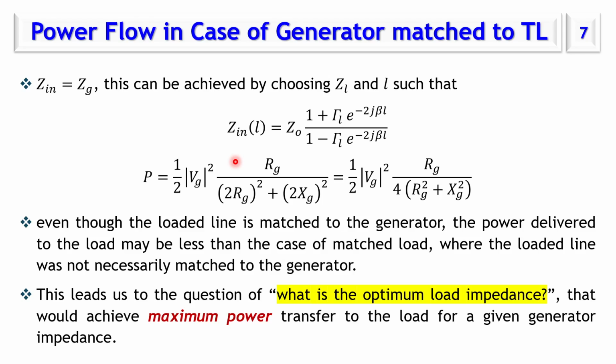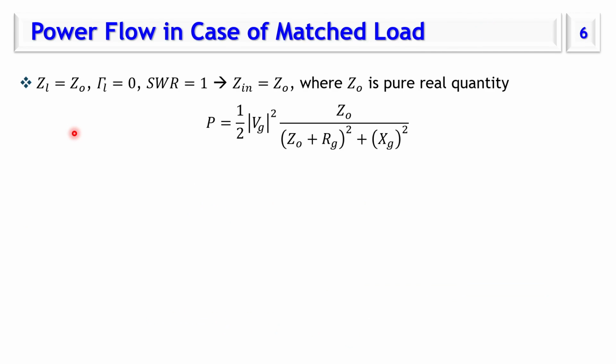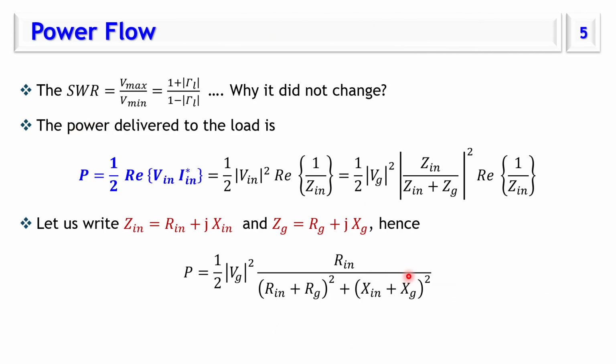This takes us to the question: what is the optimum load impedance, or what is the impedance of the load that would achieve maximum power transfer from generator to the load? So we need to maximize the general expression here.